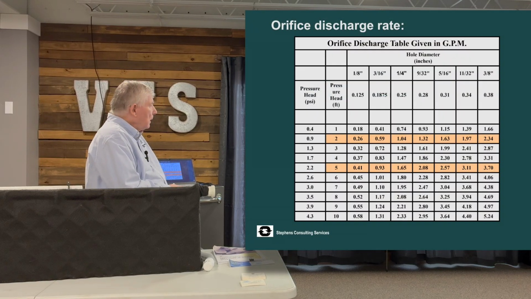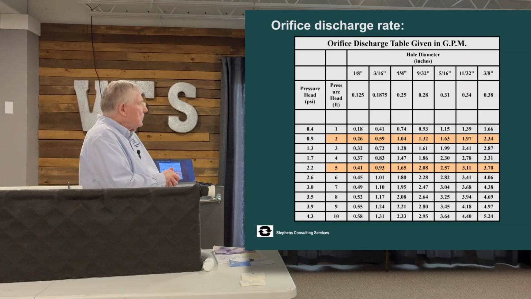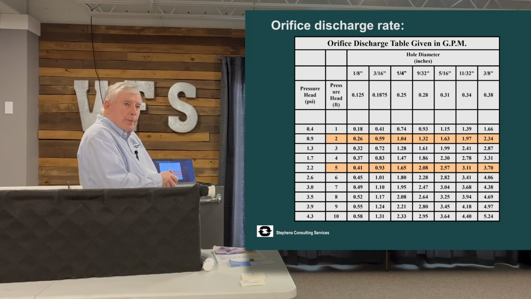Okay, here's a table, for instance. This is orifice flow, 1/8-inch orifice hole diameter. At 5 feet of design head, that 1/8-inch orifice will put out 0.41 gallons per minute.